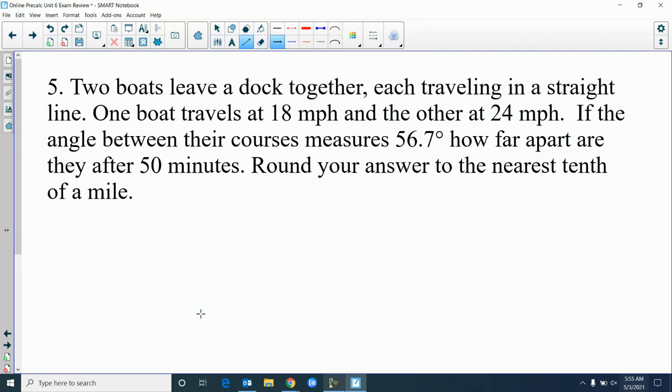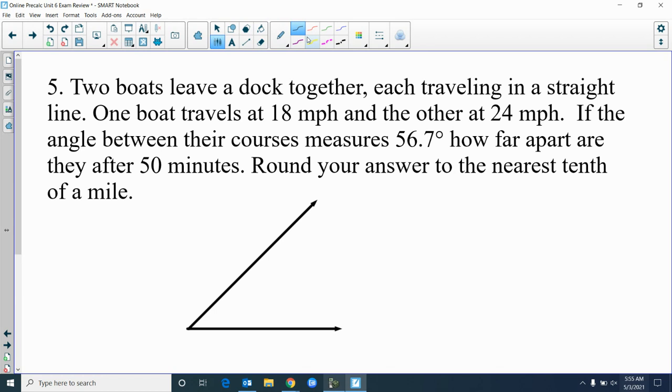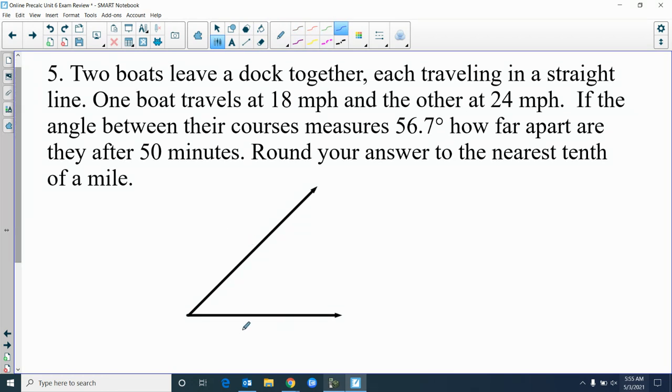Okay, so they're going on a straight line. So let's just draw this. We'll say the first one is the 18 miles per hour. The second one is 24 miles per hour.